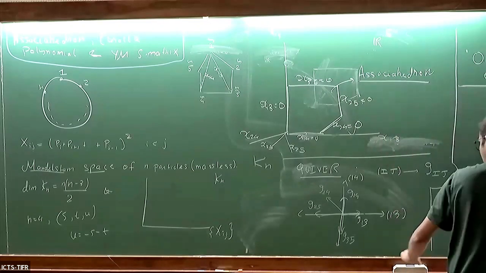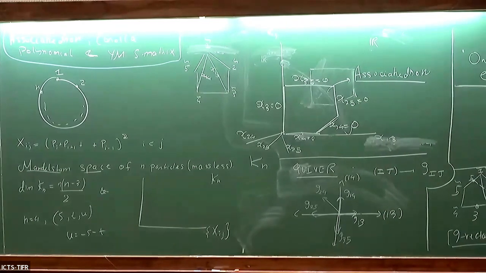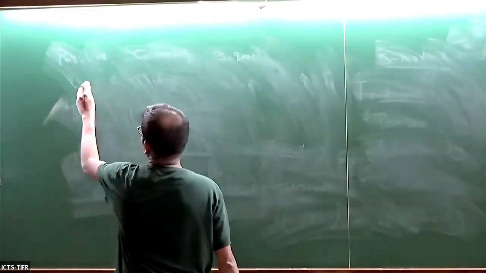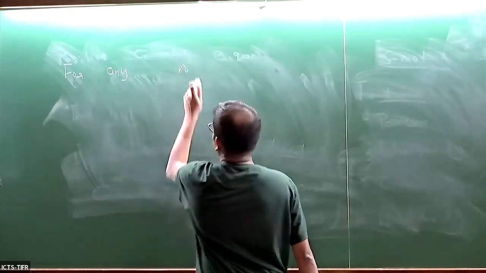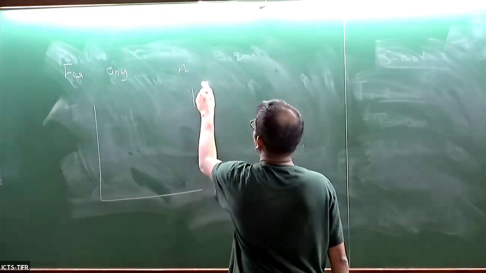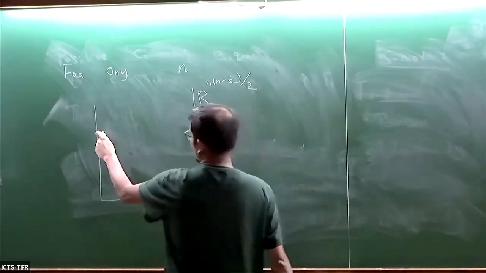And this result, let me now write down for any n. I was just showing an example for n equal to 5, but we can do it for any n. I will go very fast. So for any n, in this abstract kinematic space, which has dimension n(n-3)/2, there is a unique associahedron that lives there.